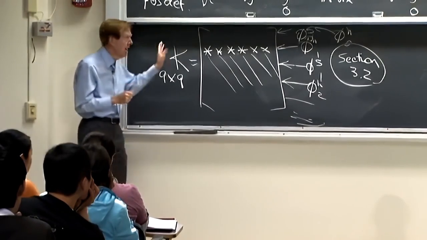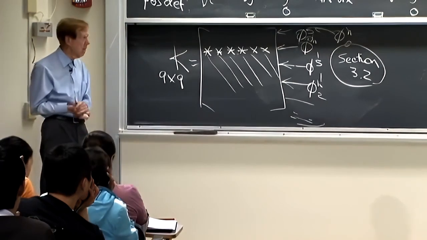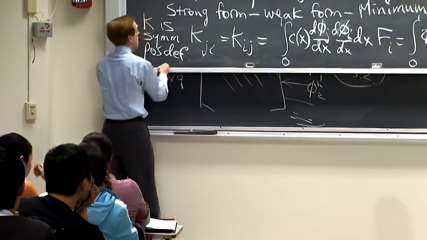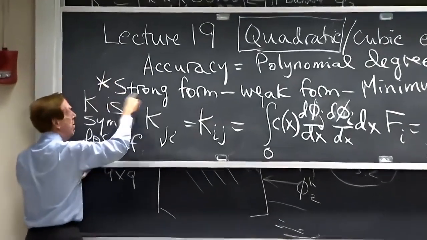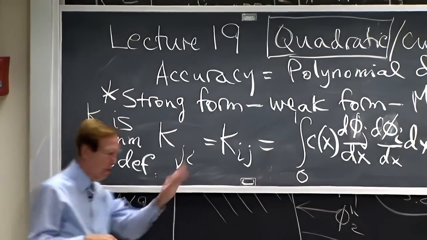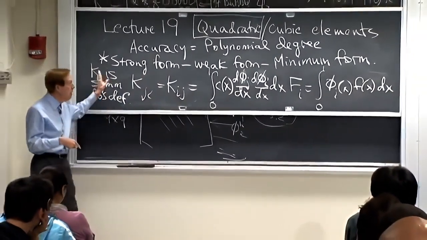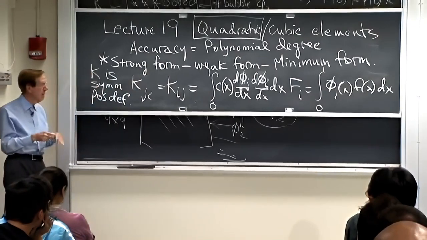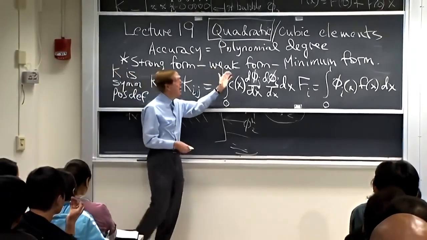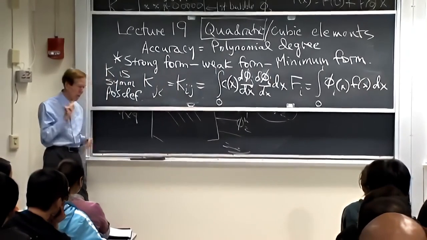I'm talking real fast to get this new idea of constructing finite elements here. I do want to say something about that line, because that's a part of this business of estimating the accuracy. It's a key idea in the background of the Galerkin method, and the minimum form would be associated with names like Rayleigh and Ritz.